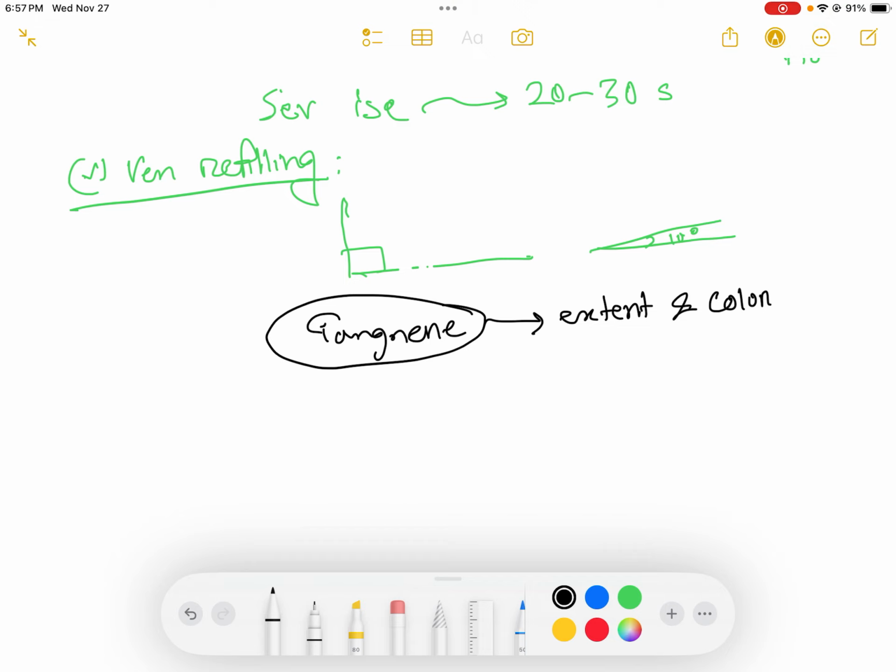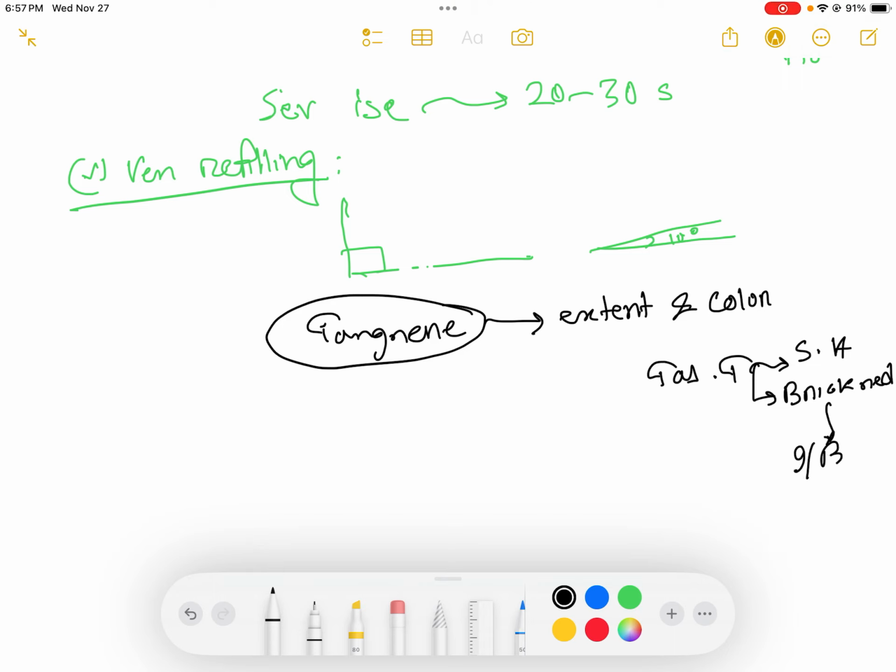In gas gangrene, besides the typical odor of the sulfurated hydrogen, the muscles also change their color to brick red, green or even black according to the stage of the disease.